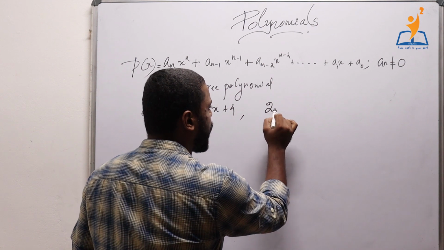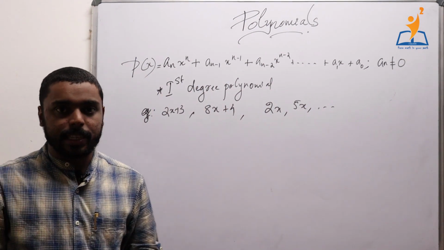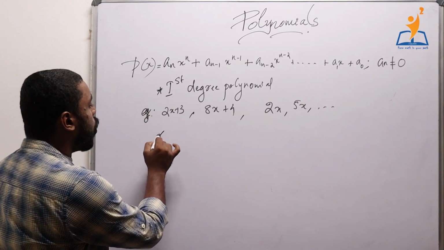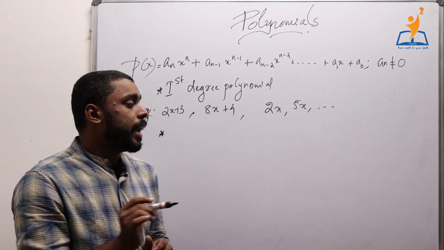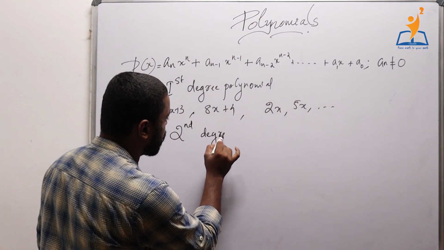Or simply 2x, 5x, etc. are all first degree polynomials. Clear? Now a polynomial with degree 2 can be named a second degree polynomial.